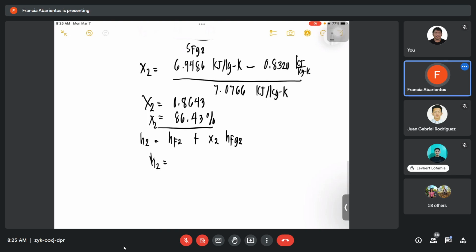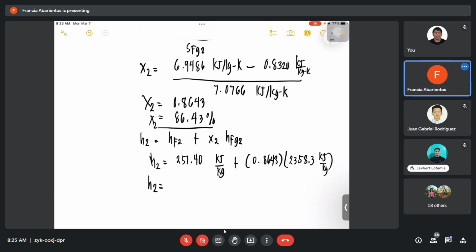We have HF2, 251.40. With the quality, what is our HFG? 2358.3. So this is now your enthalpy at 0.2.